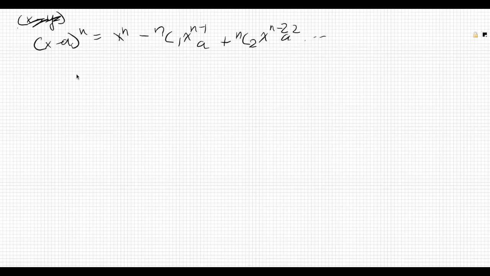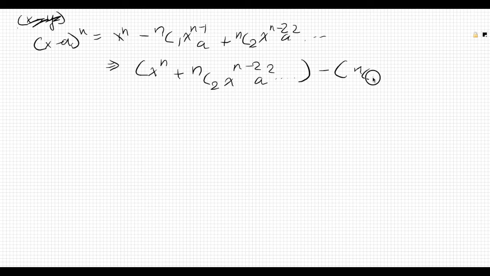And when we group the even and the odd terms, what we basically get is x to the power n plus nC2 x to the power n minus 2 a squared, and so on, minus nC1 x to the power n minus 1 a plus nC3 x to the power n minus 3 a cubed and so on. And that gives us p minus q.